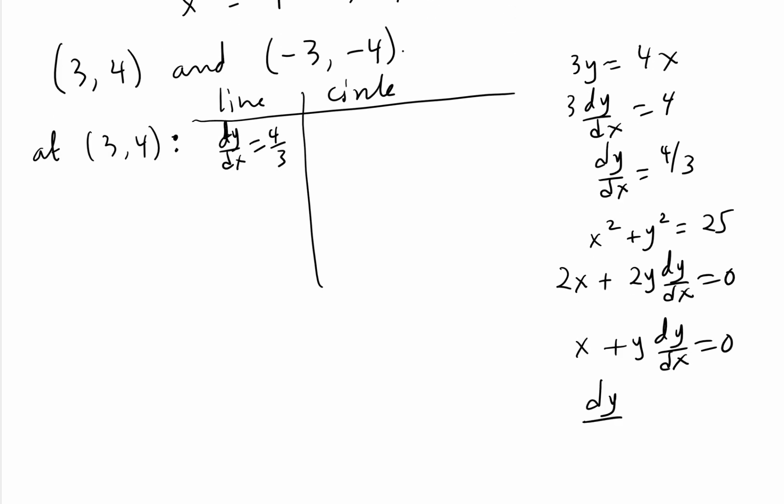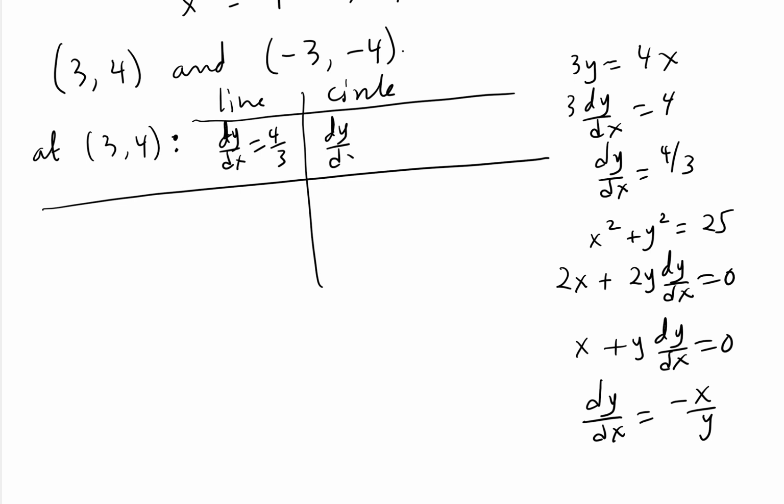So dy/dx is negative x over y. Now at that point, x is 3 and y is 4. So now compare these two results, because dy/dx at a point is the slope of the tangent line. So they are opposite reciprocals.